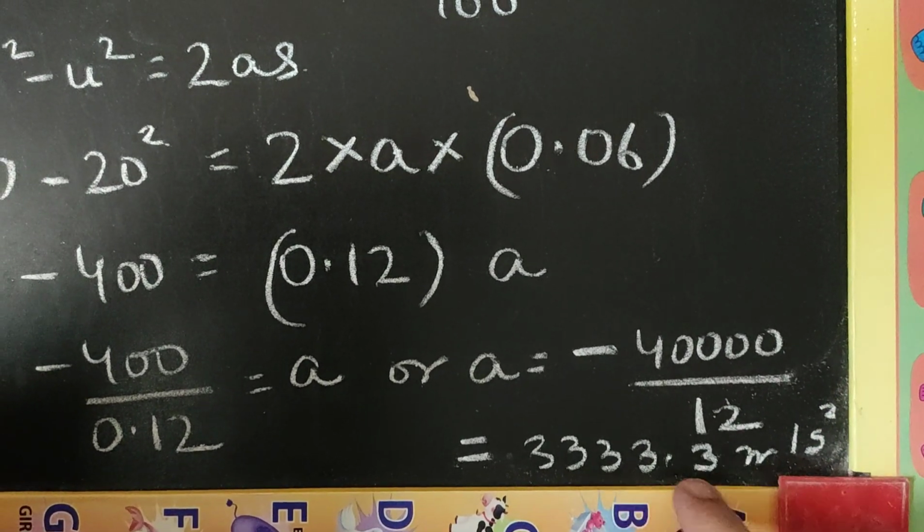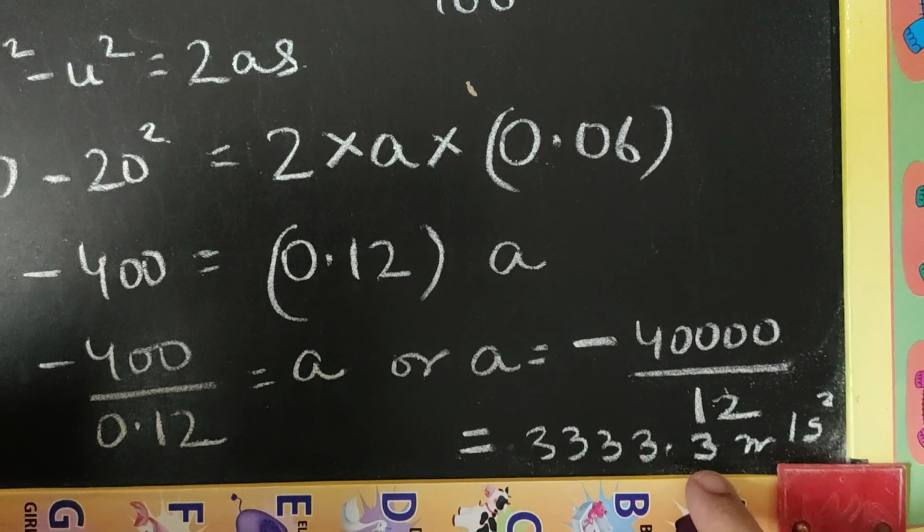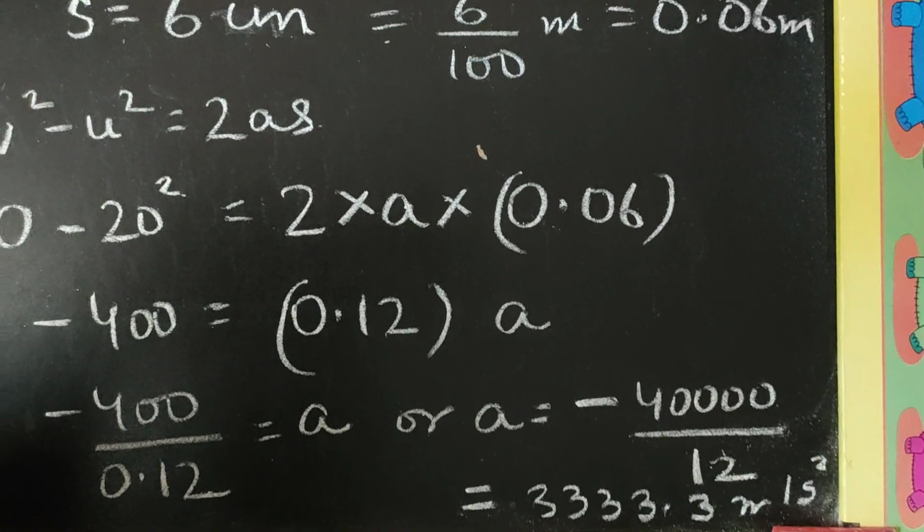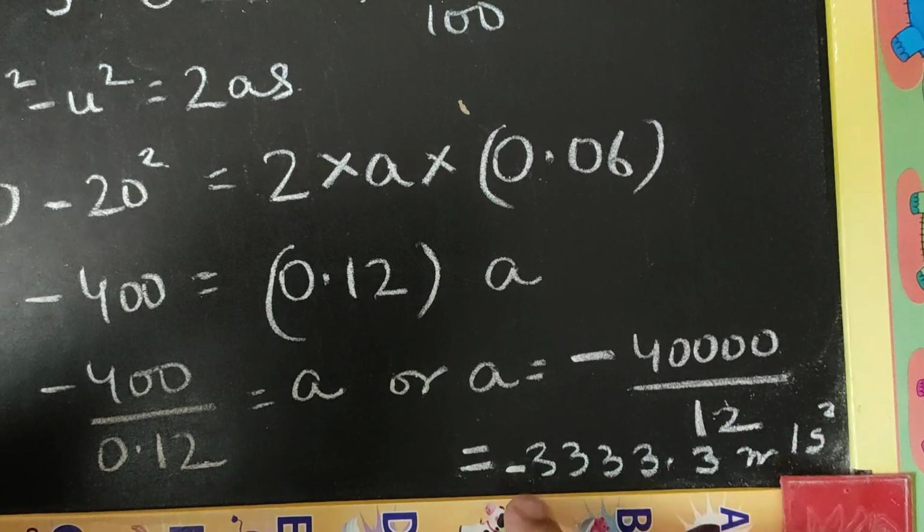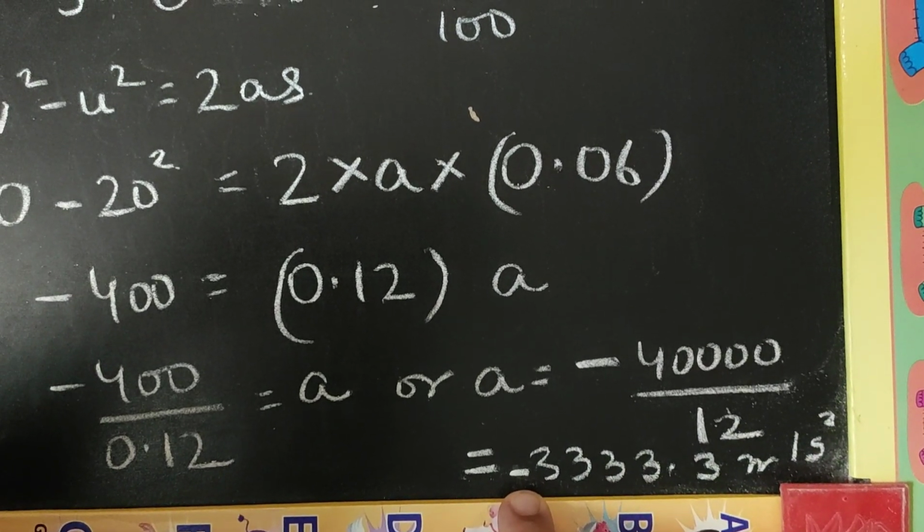It's a non-terminating decimal, so I leave it at 1 decimal place with a negative sign since it is deceleration.